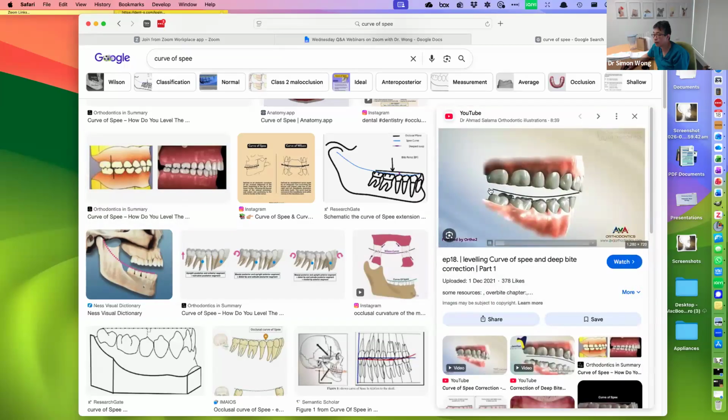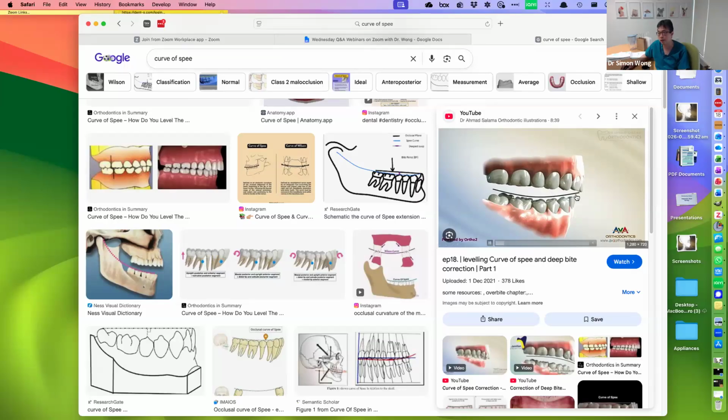When you have a steep curve of Spee, you only have one bite relationship that works, and it's generally either a class 2 or a class 3 relationship. It can never be a class 1 relationship, and you can't shuffle teeth or the jaws around in order to achieve a stable bite other than in full class 2 or full class 3. So the steeper the curve of Spee, the more locked you are into either a class 2 or class 3 relationship.